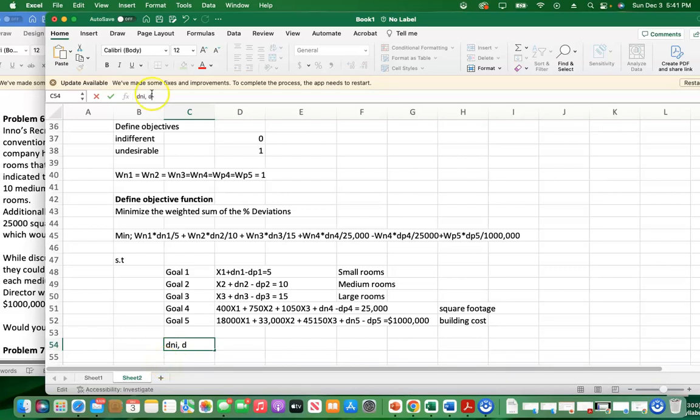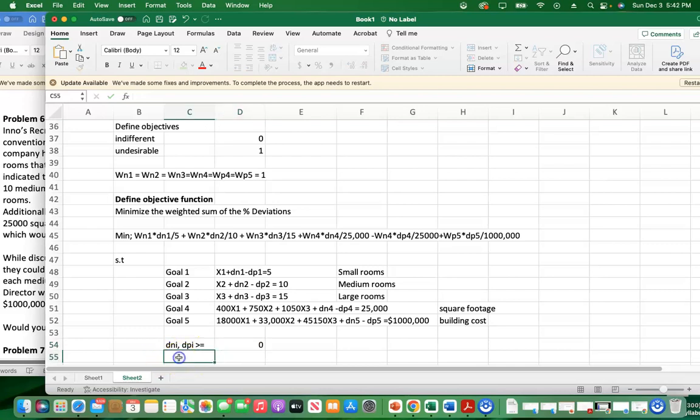And also deviation that is positive for any goal DPi. So i can be either 4 or 5, and all this should be greater or equal to 0. So that is non-negativity condition for the deviations. We don't have negative deviations, but we can have no deviations or deviation.